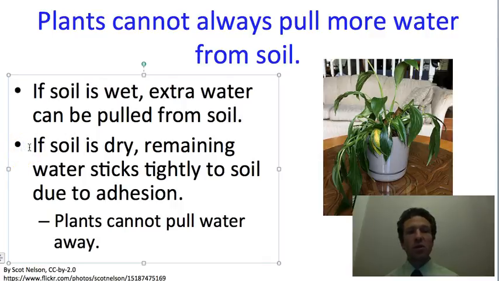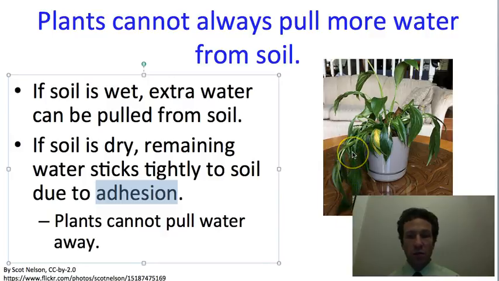However, if the soil is dry, then any remaining water molecules that are in the soil are going to stick very tightly to soil particles. This stickiness is due to adhesion, or the attraction of polar particles to one another. And because the adhesion is very strong, at some point plants will not be able to pull any additional water molecules away. You can see the result of that here.